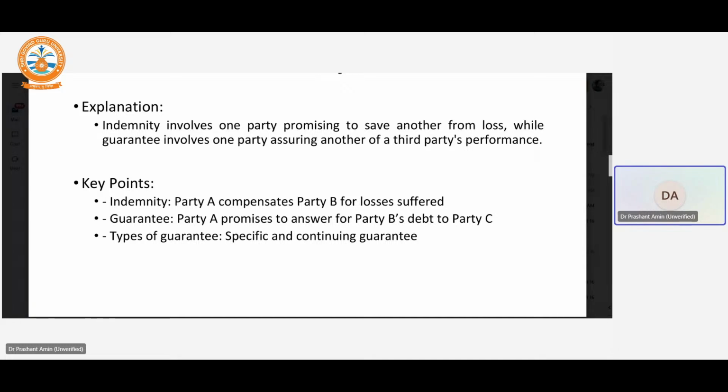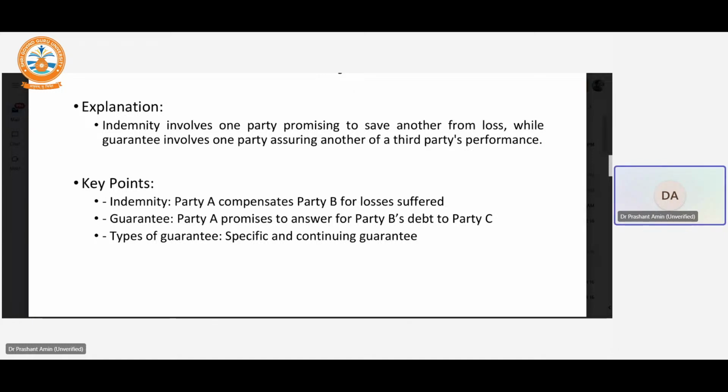That is an indemnity kind of relationship, because I do not have control over my goods. It is the railway's responsibility to carry my goods to Delhi and deliver them to the specific person.